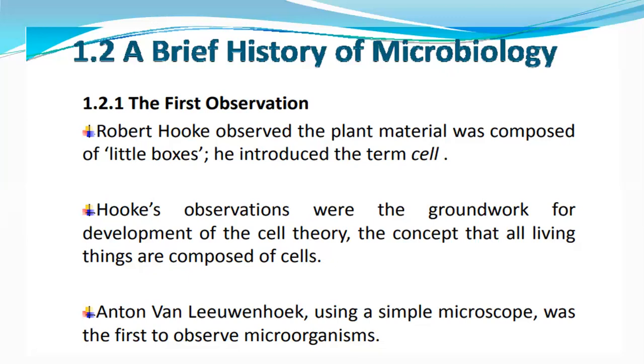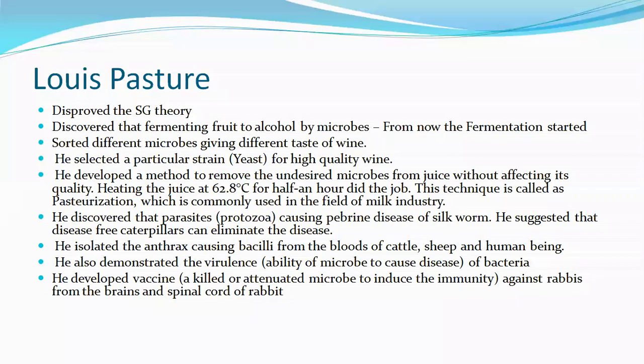He had a hobby of lens grinding and microscope making, and through that hobby he observed microorganisms. So it is a very important contribution that microorganisms were first observed by Antony von Leeuwenhoek. These are the three scientists involved in microscopy.